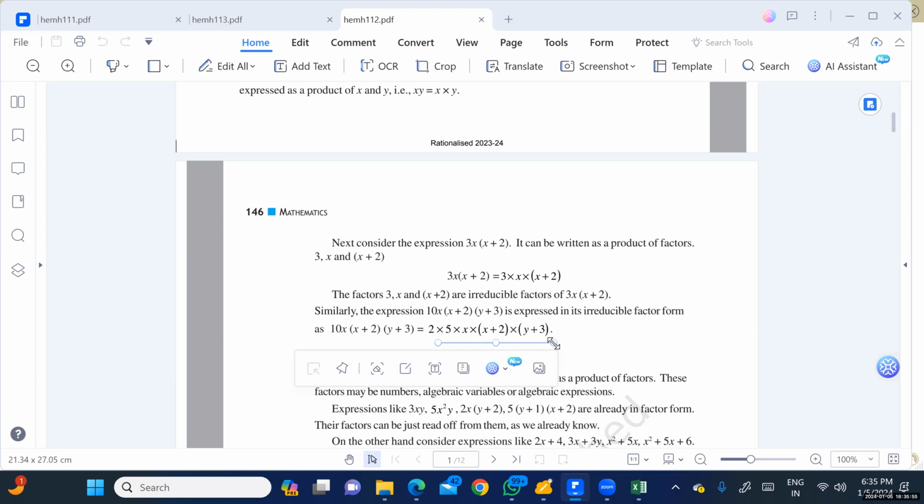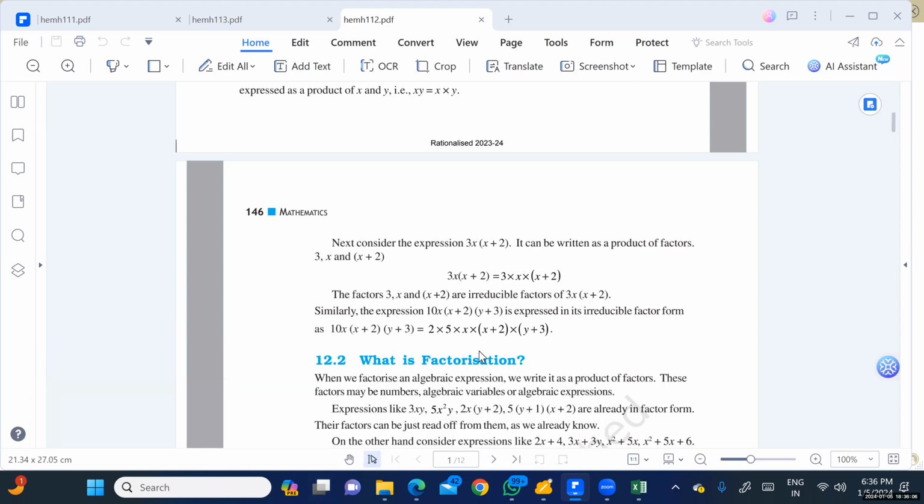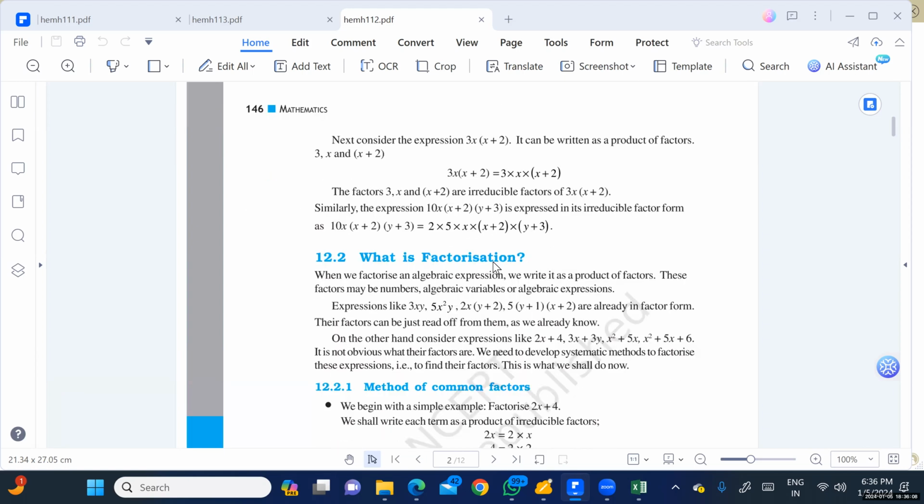Yes, sir. Utkarsh, is this clear? Yes, sir. So now you understand the meaning of irreducible form and prime factors.